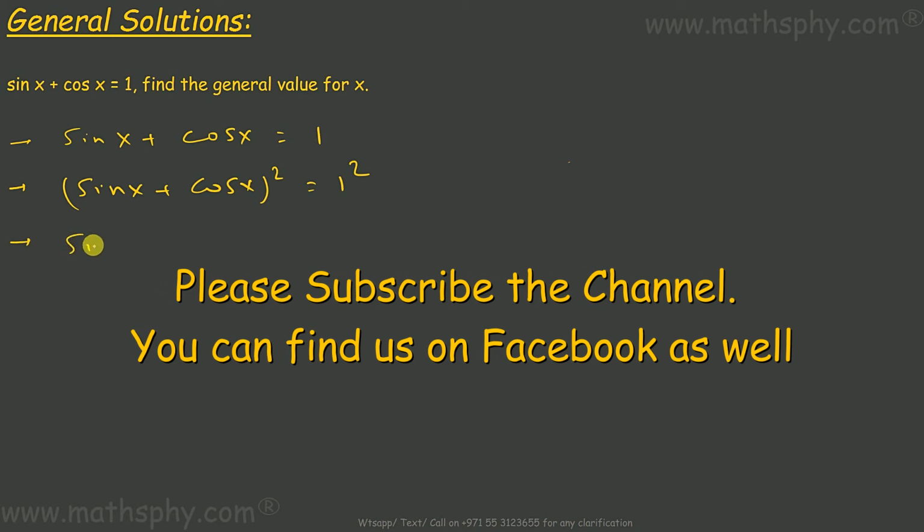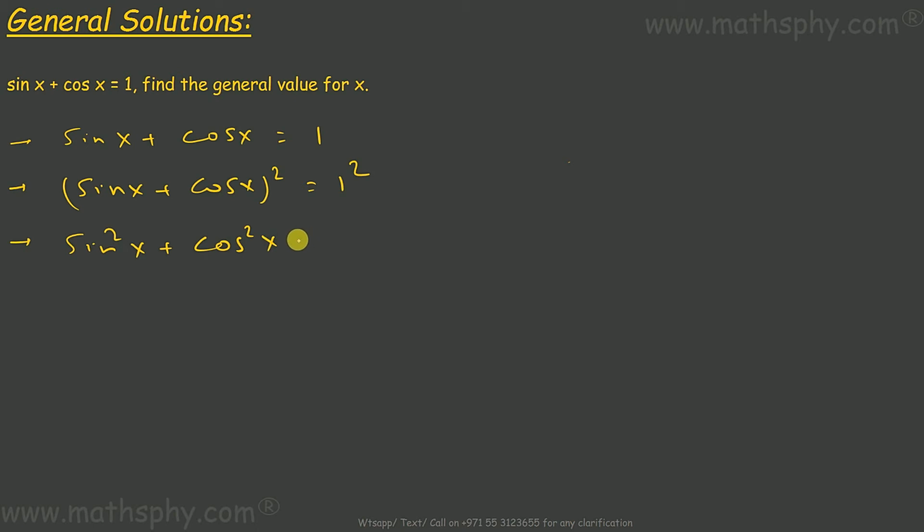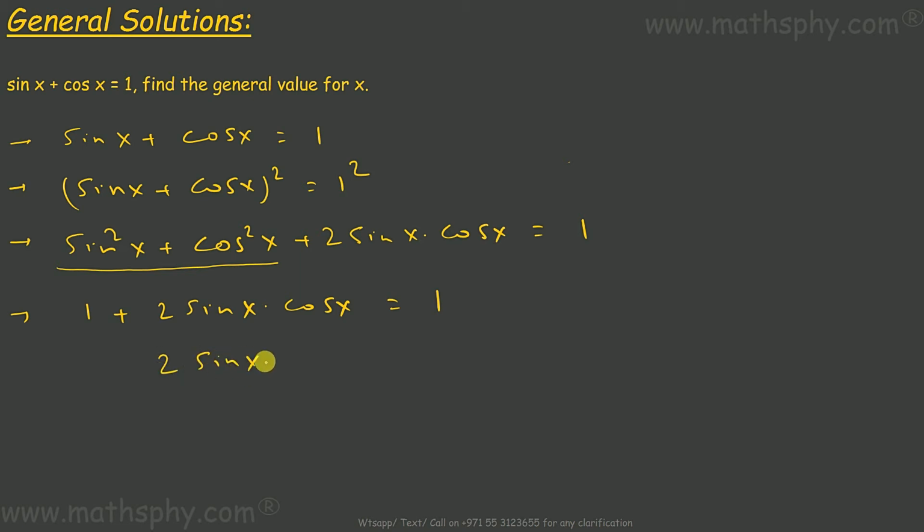This can be sin square x plus cos square x plus 2 sin x cos x equals 1. Sin square x plus cos square x gives you 1. So 1 plus 2 sin x into cos x equals 1. This 1 goes this side, becomes 0. So 2 sin x into cos x equals 0.